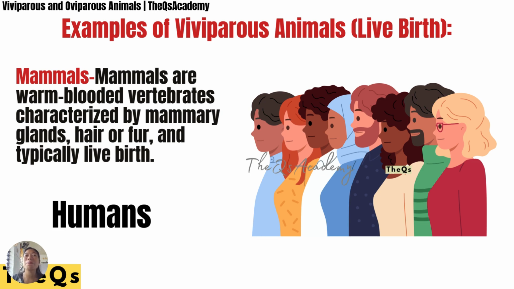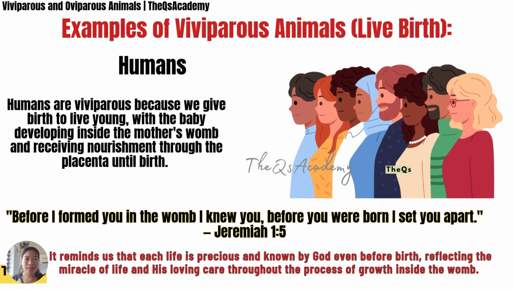We human beings, right? But remember, before we go to the next one, we humans are viviparous because we give birth to live young, with the baby developing inside the mother's womb and receiving nourishment through the placenta until birth.